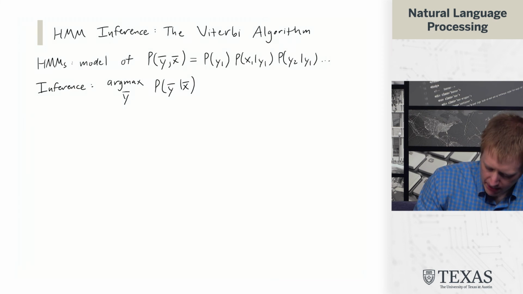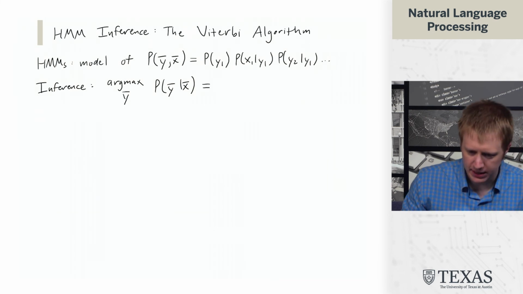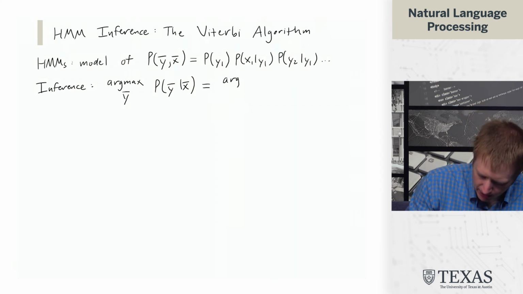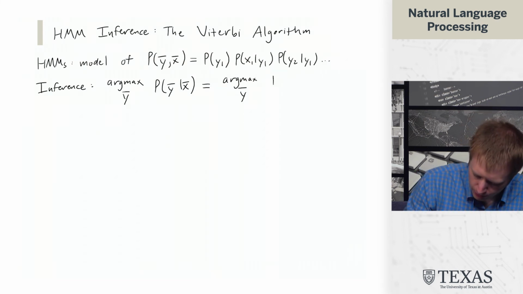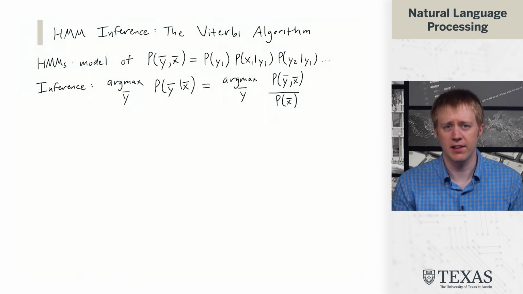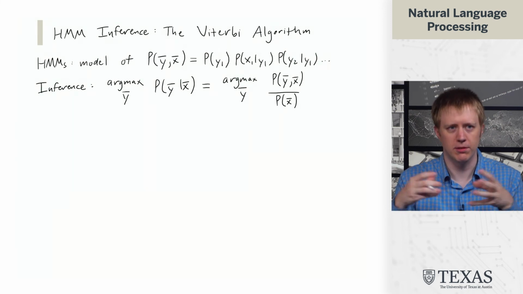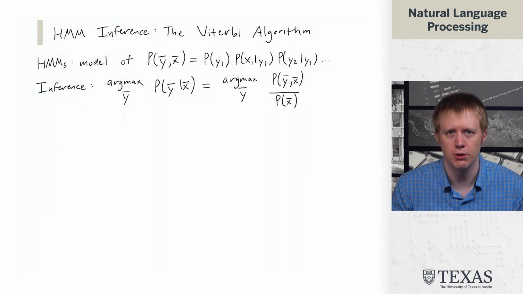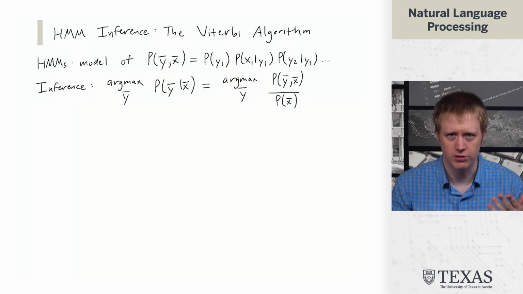So we can do this by a little bit of rewriting and rearrangement. So this is equal to the following. And so what we've done here is we've multiplied the top and bottom by P of x, and when you multiply the top by P of x, it kind of combines via the chain rule to give you this joint distribution.